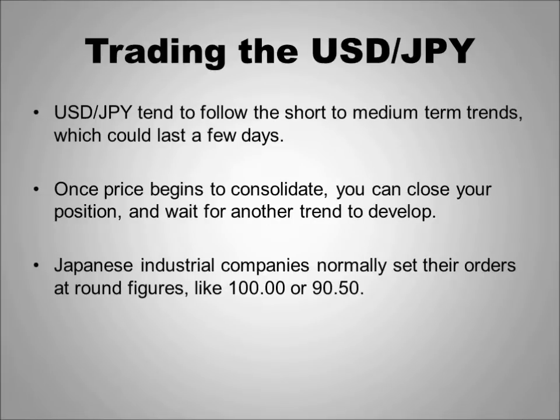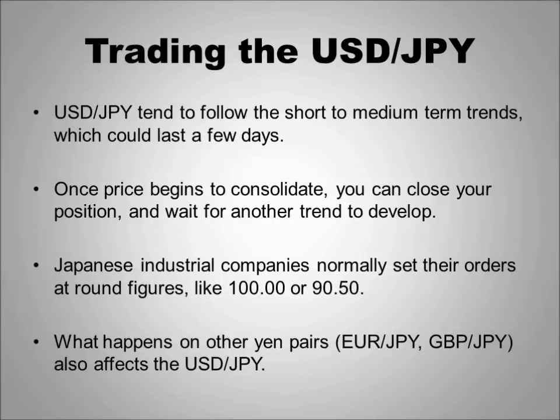Also, Japanese industrial companies normally set their orders at round figures, like 100 yen or 90 and a half yen. So that's also something that we need to pay attention to when we are studying the US dollar Japanese yen pair.